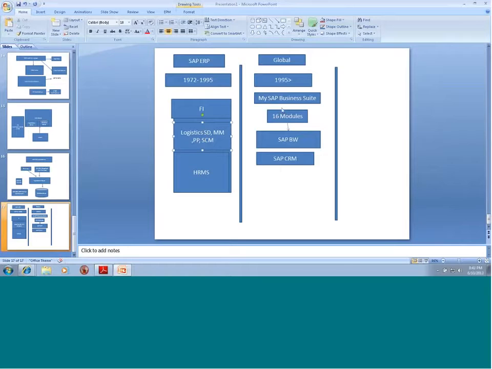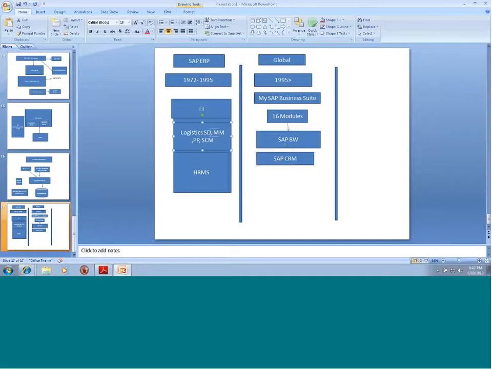So within My SAP Business Suite, SAP looked at SD and filled in the missing pieces. It created an advanced module called SAP CRM, which not only does sales and distribution, but also pre-sales and post-sales, which is marketing and customer service. So it is an enhancement, or you can call it an advanced SD module. SAP CRM is referred to as an advanced SD module.